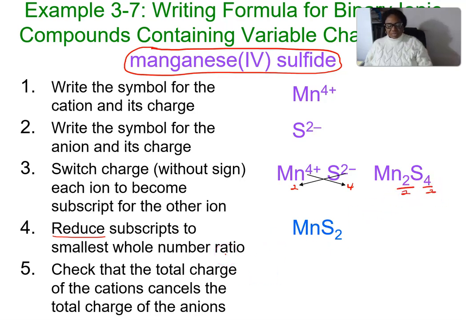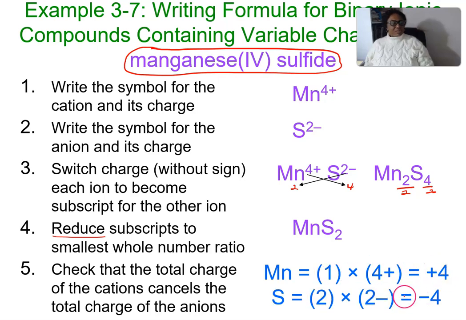So you're going to get that. So check that the total charge of the cation cancels the total charge of the anion. So total charge on the cation is +4, anion is -4. So you see they cancel. +4 minus 4 is 0.